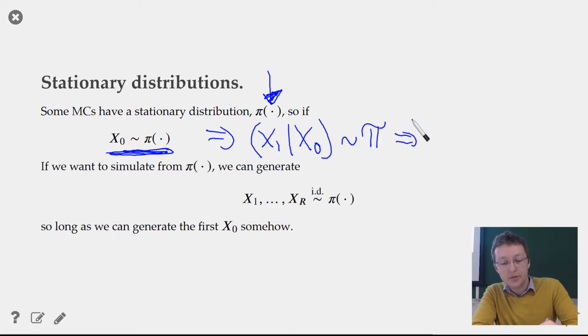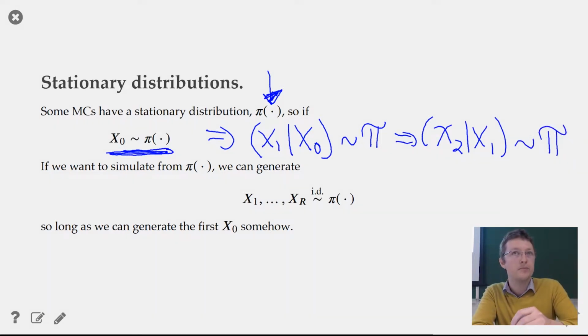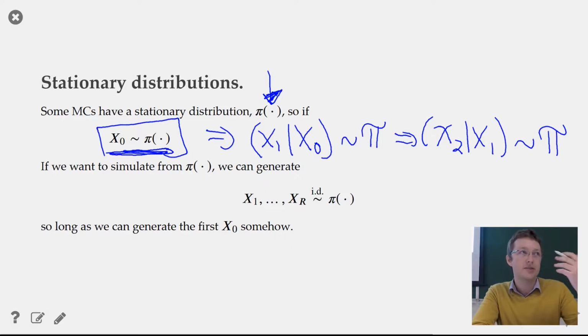And if I move that forward another moment, and so on forever, x2 given x1 is also distributed according to the same distribution pi. In a sense, you're not going anywhere.